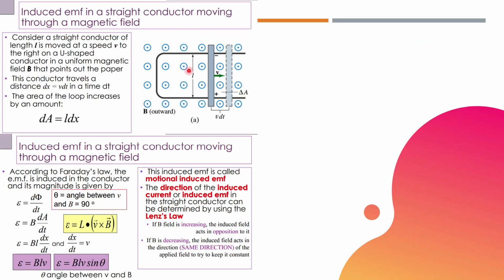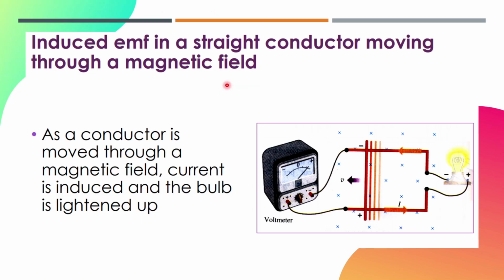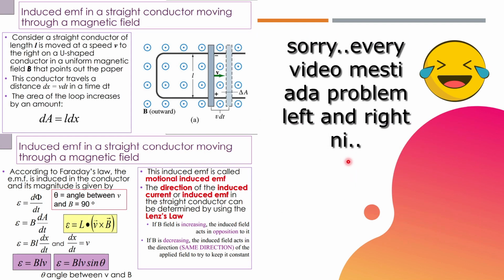So this is the derivation of the equation of induced EMF in a straight conductor. Look at here, when this conductor is moving to the right. Oh, tadi this one is moved to the left. Oh, sorry, this one is moved to the left, right? Yang ni move to the right.